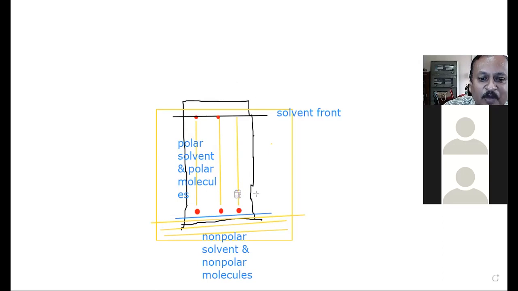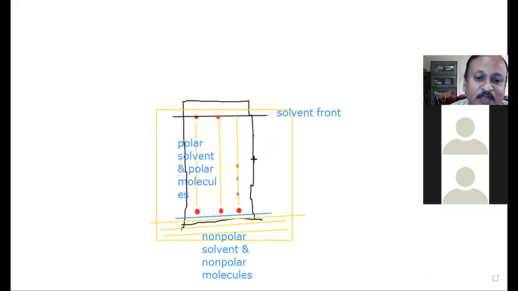One sample component here, another component maybe here, and a third component. Can you see the different components which are getting separated? Why are they getting separated? Because they are getting partitioned between the stationary phase and the mobile phase.